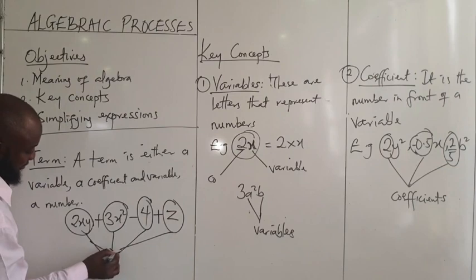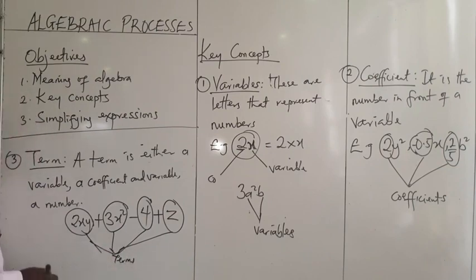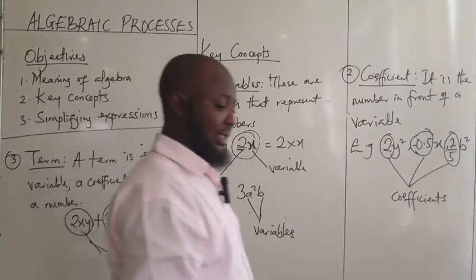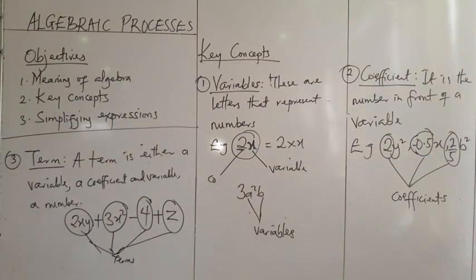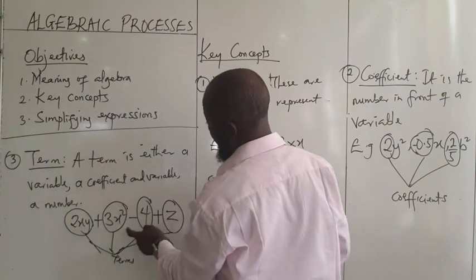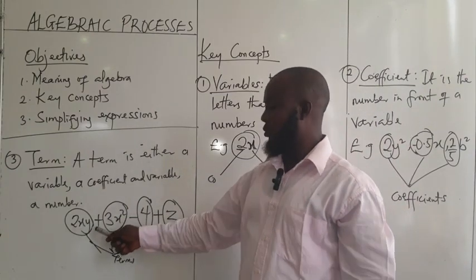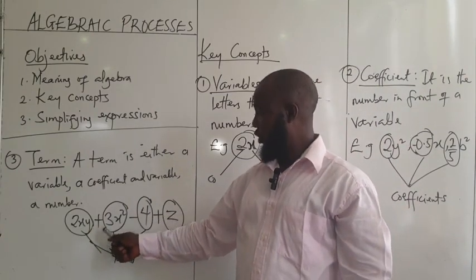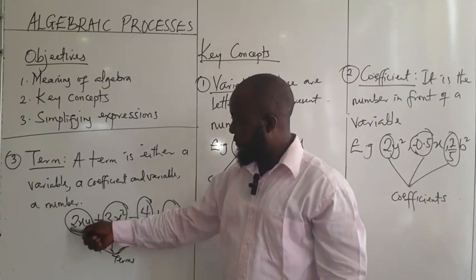They are all terms. And one thing you must take note of under terms is that terms are always separated by plus or minus. So between this term and this term, you must have what? A plus or a minus, not multiplication, because this itself is multiplying.